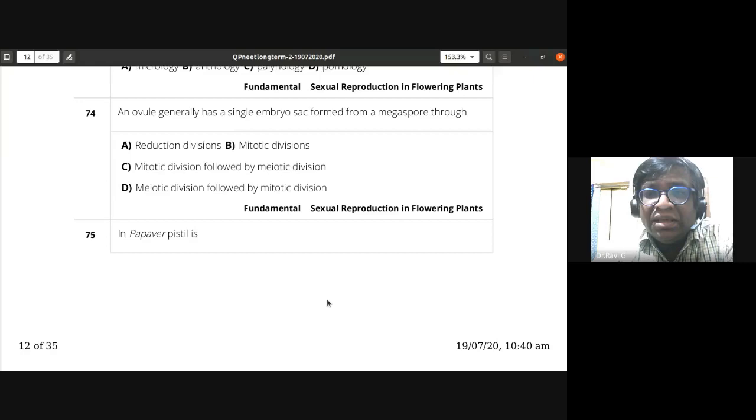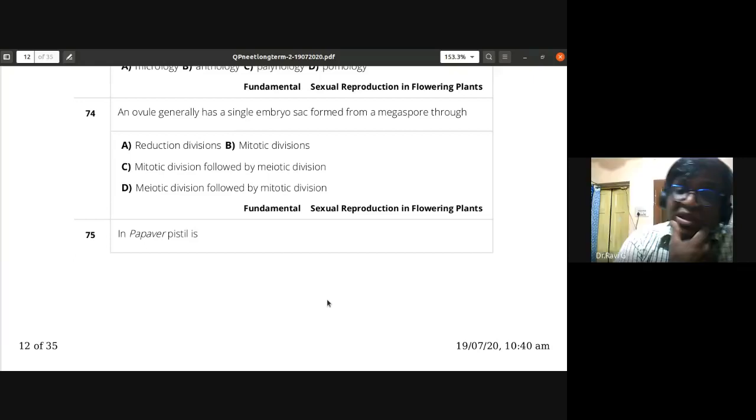Megaspore would have formed from meiosis, but they are asking here an ovule generally has a single embryo sac formed from a megaspore through mitotic divisions. Through these, they form a two-celled, four-nucleate, eight-nucleate stage, and finally they organize to form the embryo sac. So it is mitotic divisions.